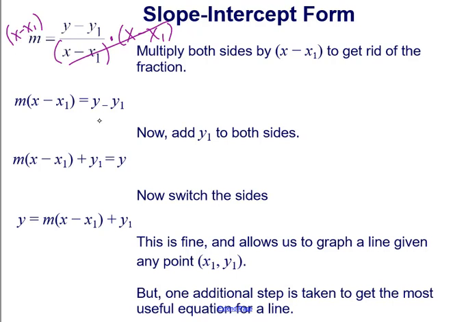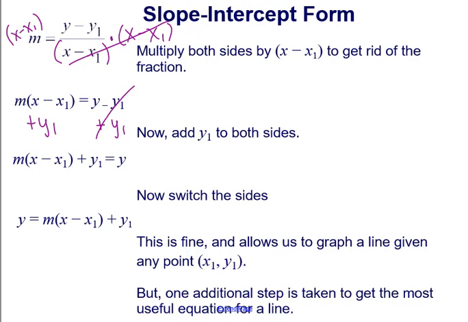Now let's add y1 to both sides. So that will give us that m times the quantity of x minus x1 plus y1 now equals just y. And if we switch the sides, we've accomplished our goal. We have y equals m times the quantity of x minus x1 plus y1 as our equation.